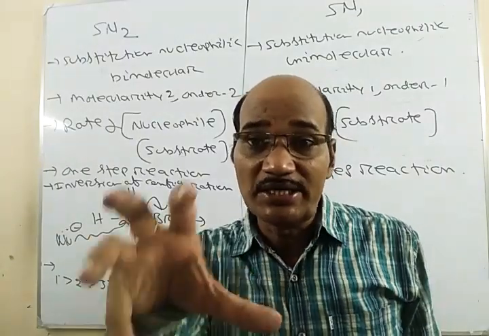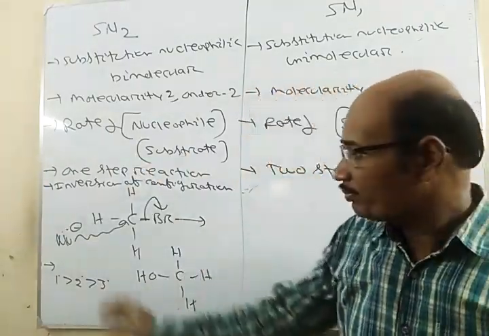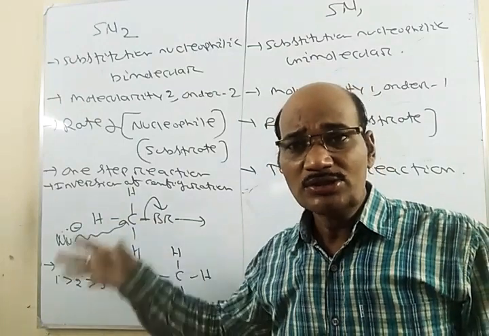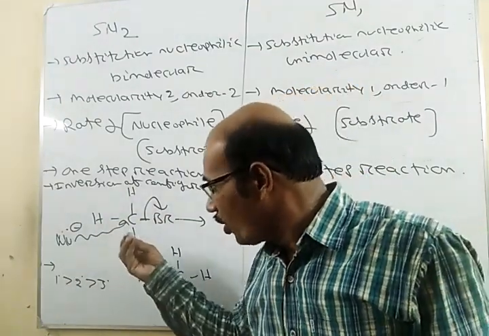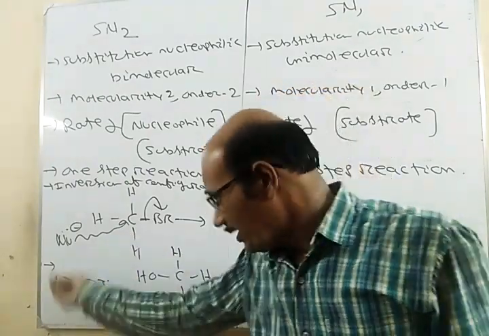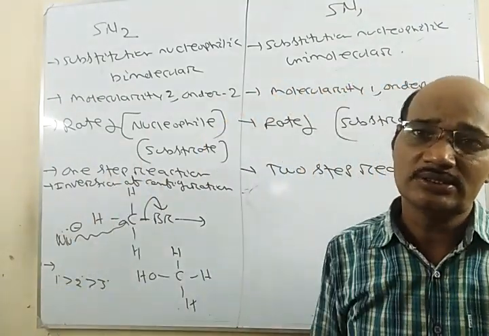That will cause steric hindrance. So the presence of alkyl groups will cause steric hindrance. That's why the order of reactivity of primary haloalkane is more than secondary, then tertiary.